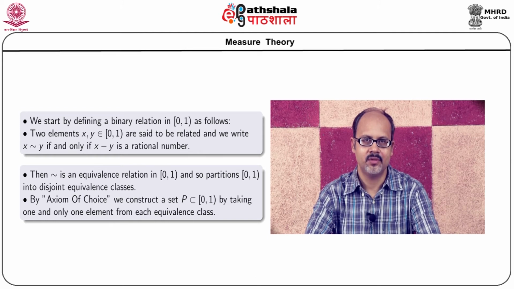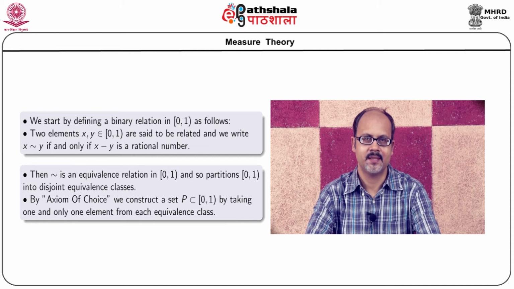In other words, this relation is an equivalence relation. Now, we know that whenever we have an equivalence relation on a set, it partitions the whole set into disjoint equivalence classes. So, this particular equivalence relation also partitions [0, 1) into disjoint equivalence classes.